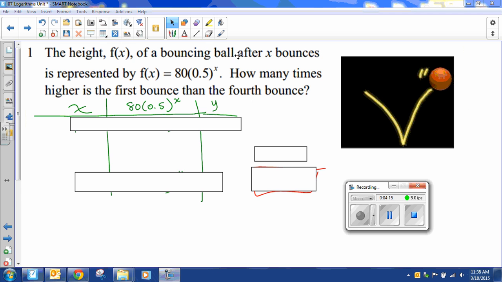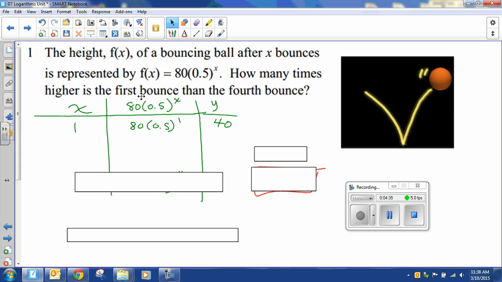The height of a bouncing ball after x bounces is represented by this function, 80 times 0.5 to the x power. Right away I notice that's 0.5, so it's decay. And it makes sense because you drop a ball and gravity takes over and it starts to be lower and lower. So they want to know how many times higher the first bounce is than the fourth bounce.